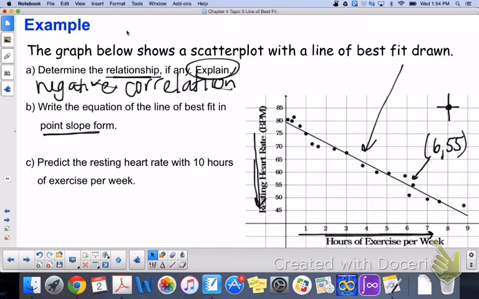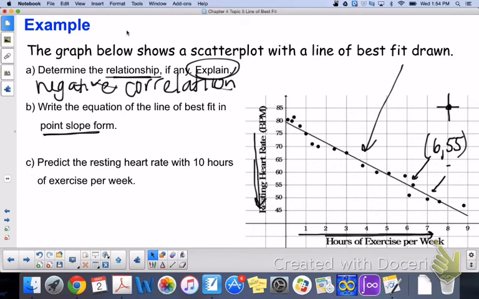Now this says point slope form, so the other thing we need to do is find the slope. Next, find a point that's very close to something you can figure out. You could use this one right here. It goes from 50 to 55, so maybe that one is about 52.